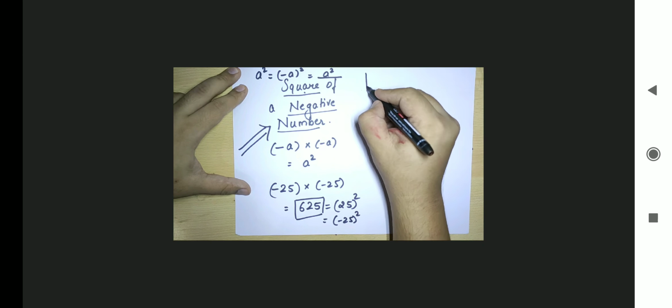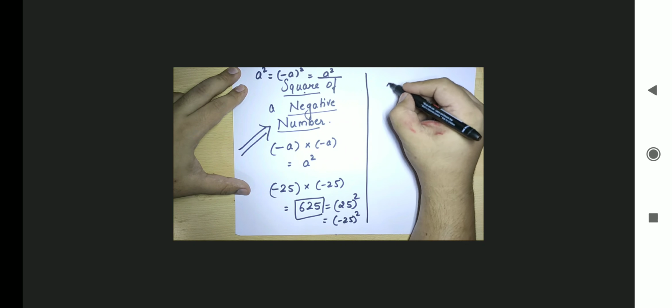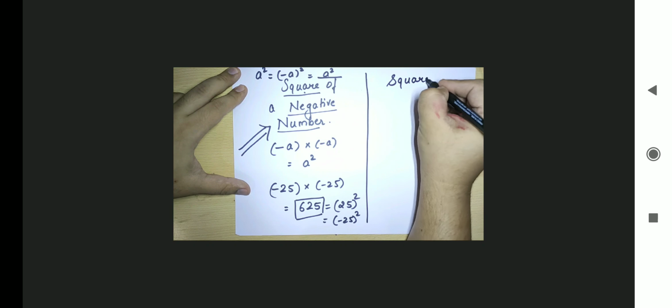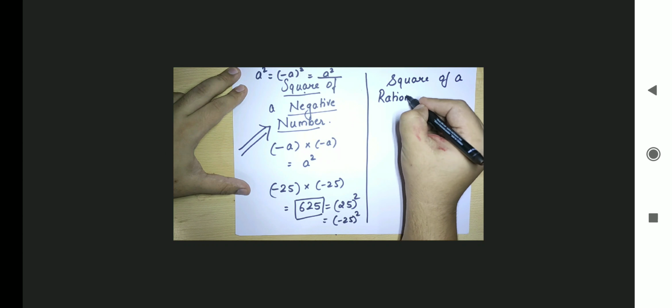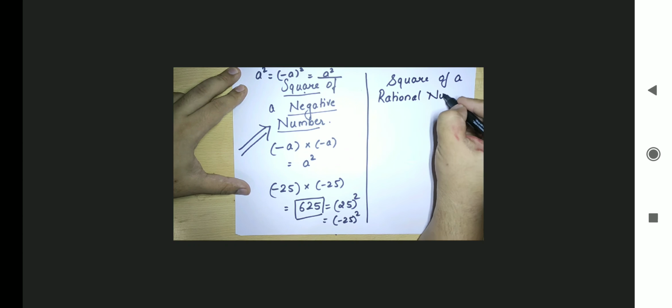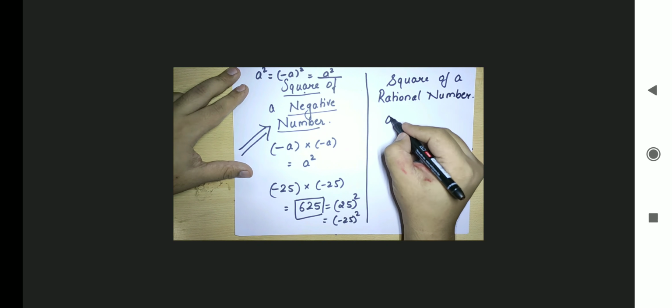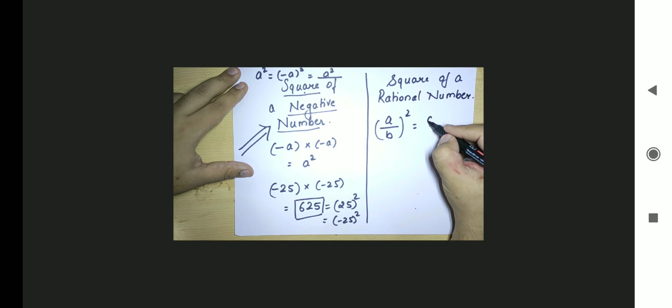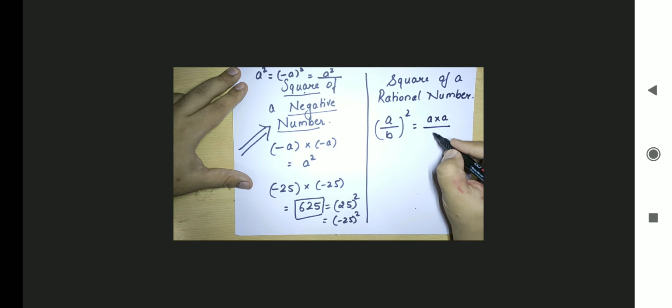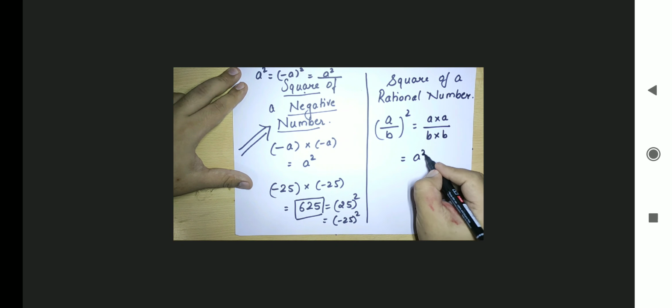We can also take the square of a rational number. For example, if we take a upon b whole square, it is equal to a multiplied by a upon b multiplied by b, which comes up to a square upon b square.